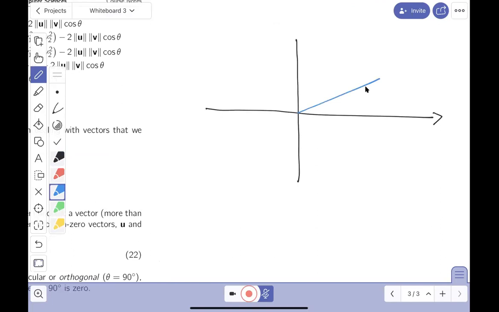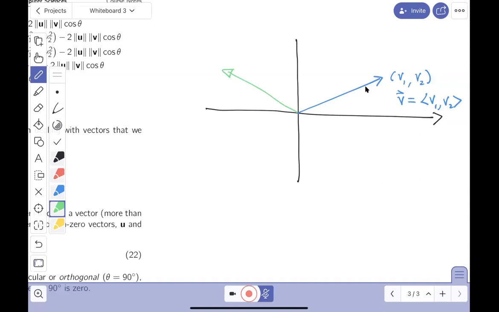Standard position, a vector. This vector over here, the point, I'm going to say V1, V2. This is the vector V. The vector V is V1, V2. All right. Let me do the next guy. I'll put him over here. It's another vector.